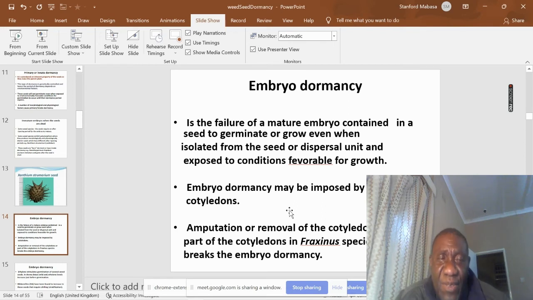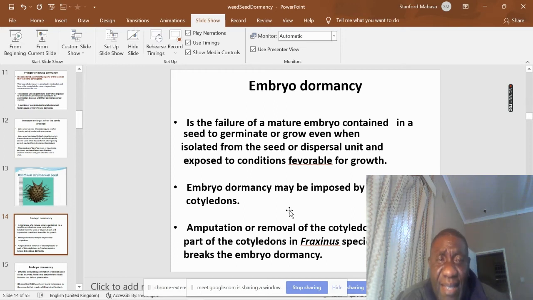I have just been talking about immature embryos, which may make seeds fail to germinate during a certain period, which we call the after ripening period. Now, there is something which is known as embryo dormancy. It's also embryo dormancy which I was talking about, but the only difference is that in the other one, the embryo is not mature.